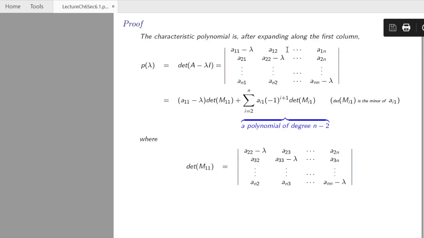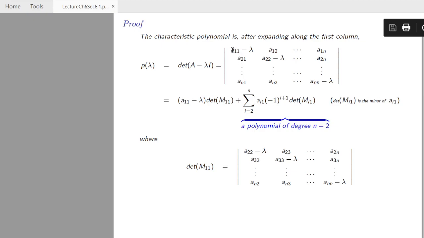Now, for this n by n matrix, what we're going to do is expand this determinant calculation by the first column.